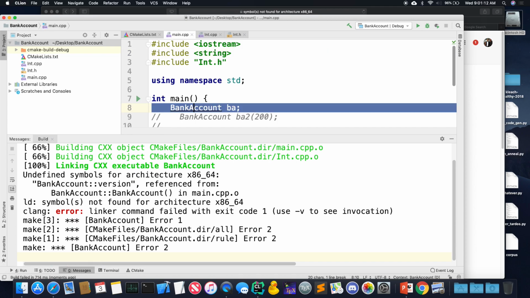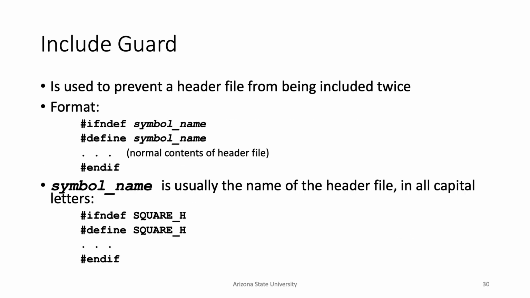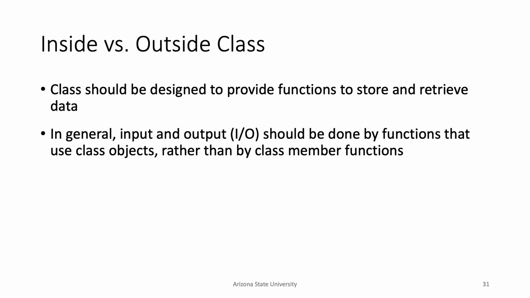Okay, I'll look into it. But any questions on what the include guard is meant to be used for? It's just to prevent multiple includes of the same symbol name in this case, but really it's including the same header file twice.